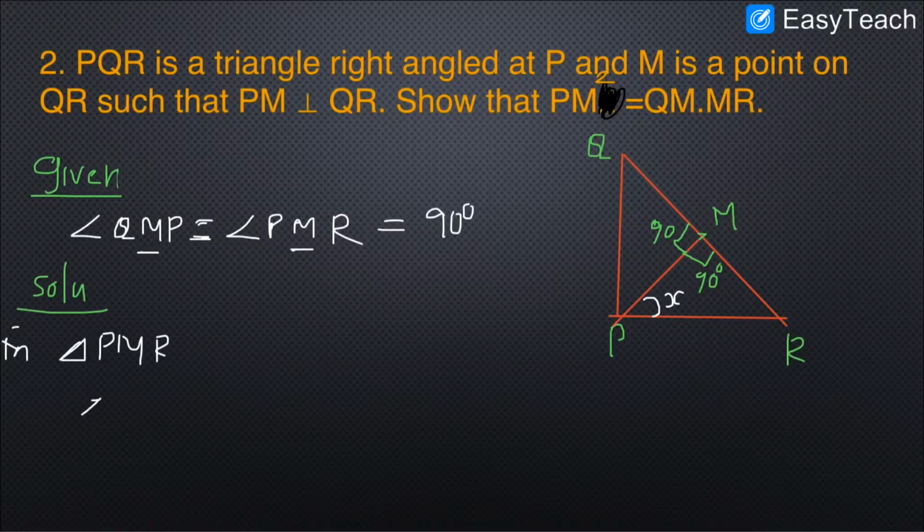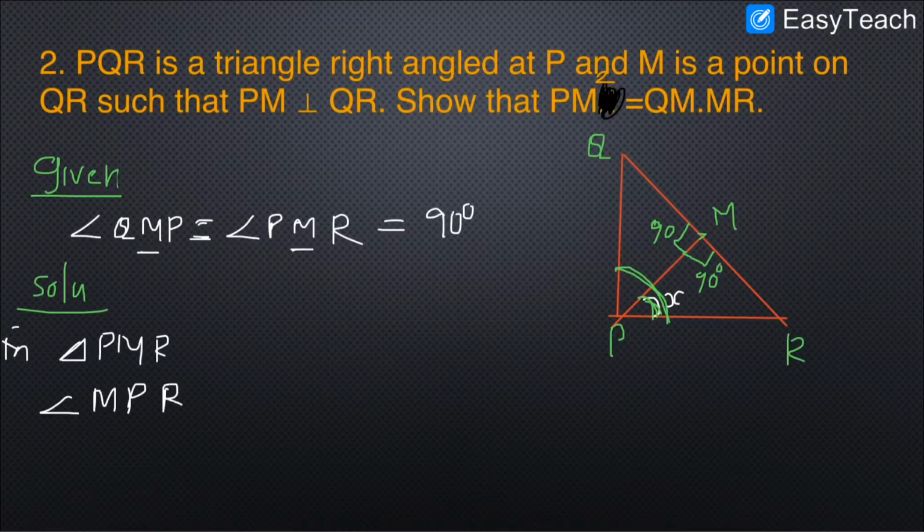So first let me write angle P. Don't write angle P equal x, because P is common; actually we don't use the whole angle P. This is the whole part of P, but now we take this part only. So we have to mention it like angle MPR.